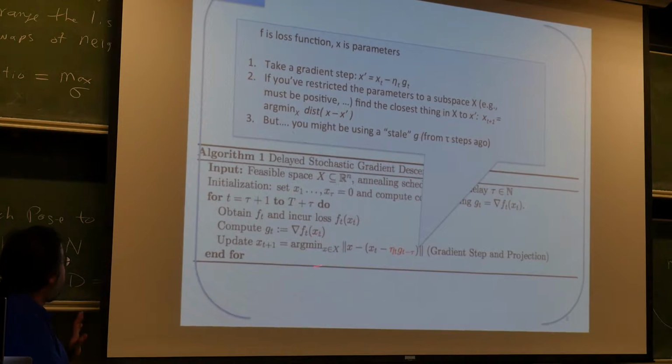Maybe this is a regularization step or something like that. And that's my next parameter set. So X here is not a data point, but a parameter set. You're looking at the gradient, taking a step, and then projecting. And the key thing is you're using this delayed version of the gradient.